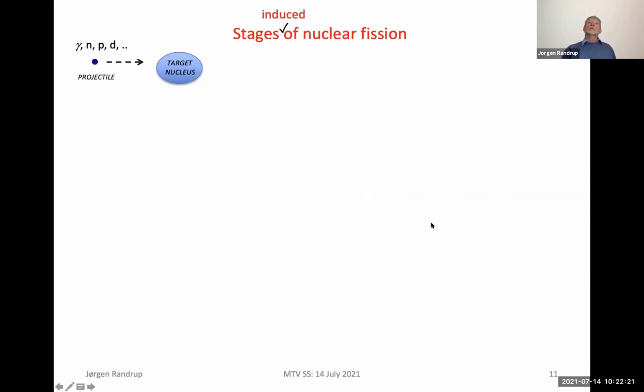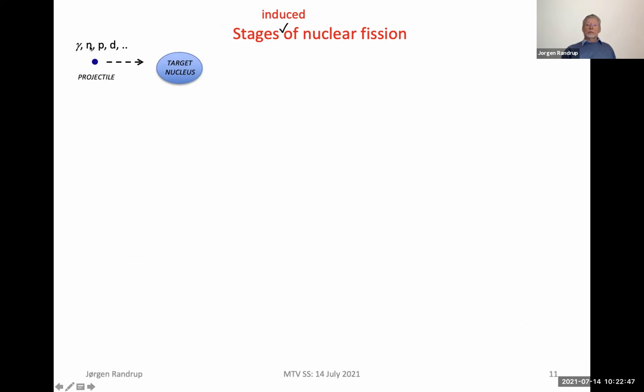Let us now then see what the stages of nuclear fission are. And I would say here, this is induced nuclear fission I'm talking about. What I have to say also applies to spontaneous fission, but I will focus here on induced fission. So you have a target nucleus, uranium-235 or something, and you shoot something on it, typically a thermal neutron.